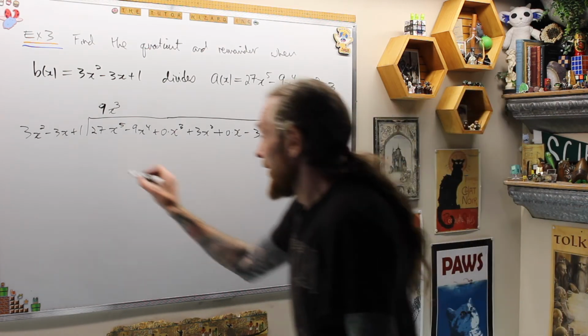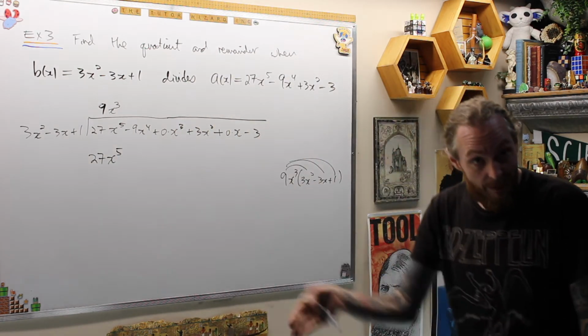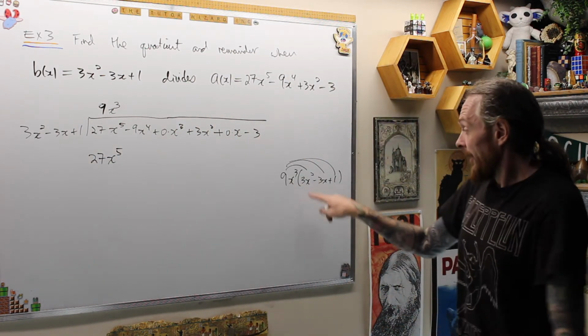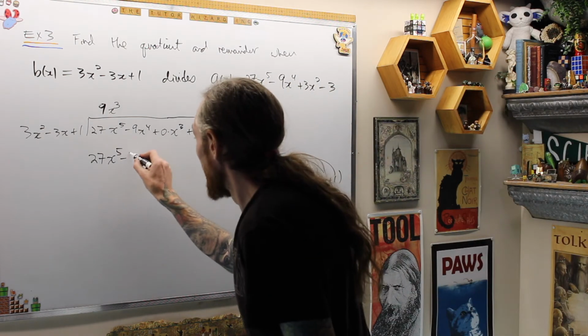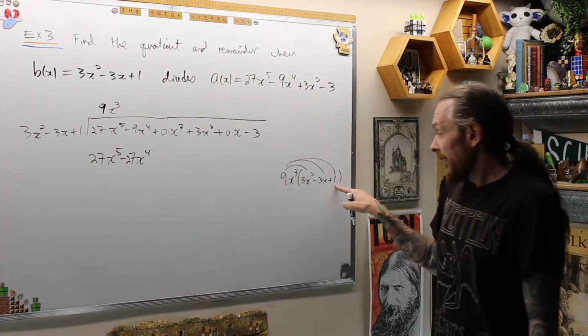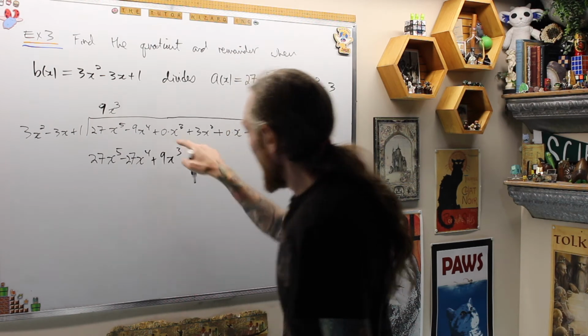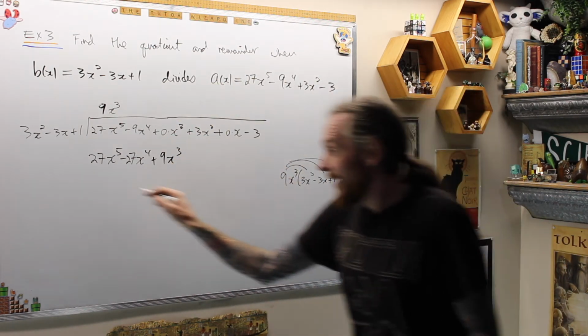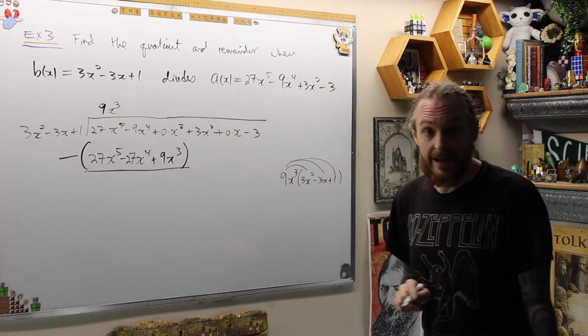So what am I going to get? Exactly what I wanted, 27x to the 5. That's when we subtract, that one will disappear and we can keep going. Then what am I going to get? I'm going to get minus 27x to the 4, and then plus 9x cubed. And because I wrote the 0, everything lines up. Now I draw this, I put brackets because it's a polynomial, and I subtract.